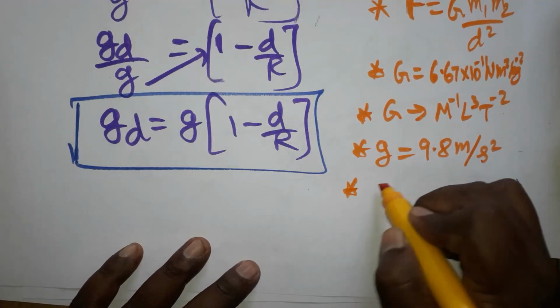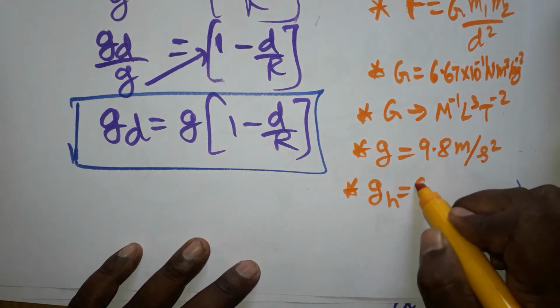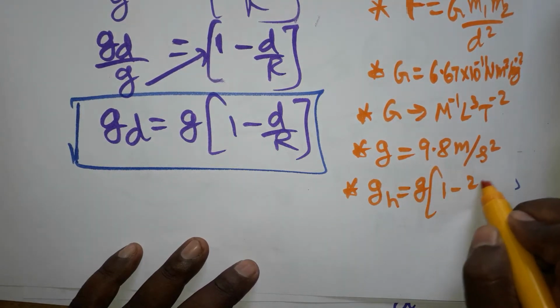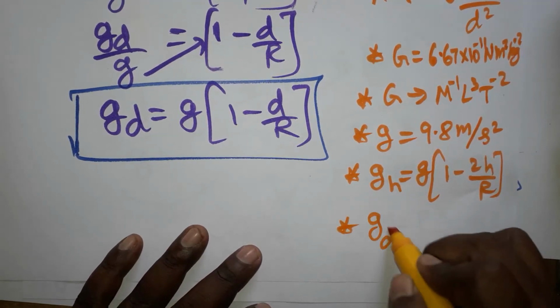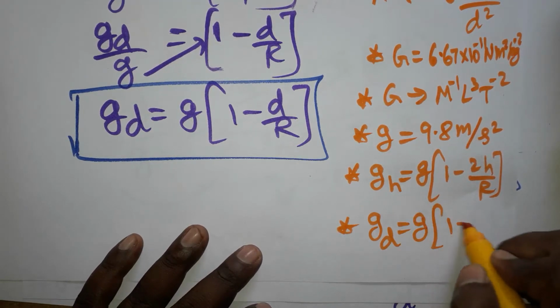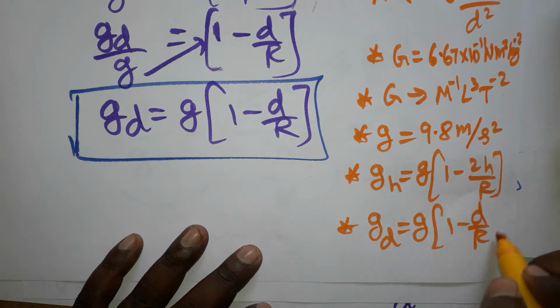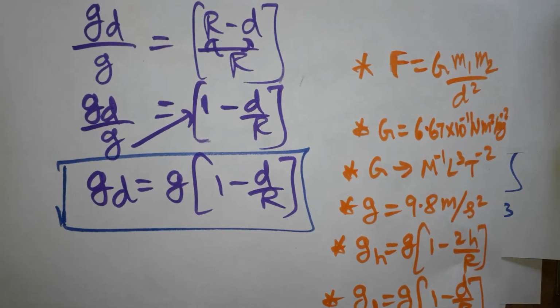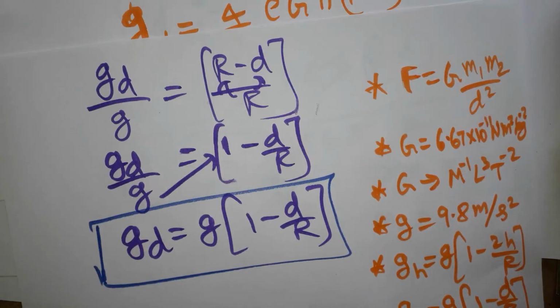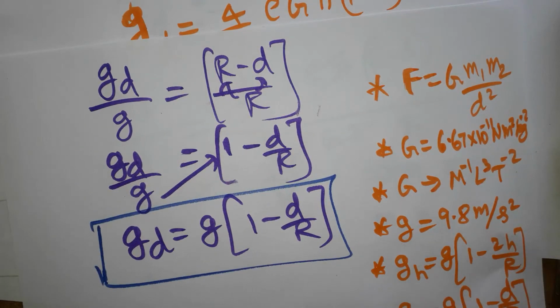Then gravitation at some height is g times 1 minus 2h divided by r. Gravitation at depth we got as g_d equals g times 1 minus d divided by r. The next points we are going to discuss are orbital velocity, escape velocity, and gravitational potential energy. Today we are going to have a full revision of gravitation.